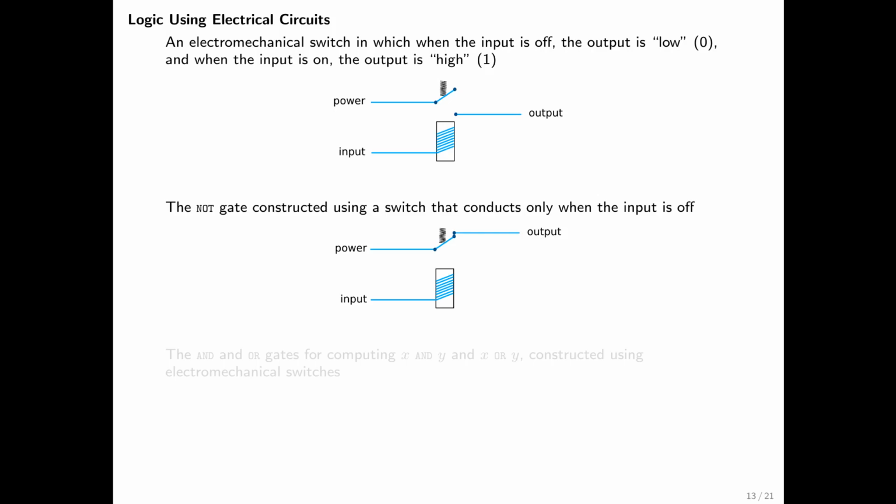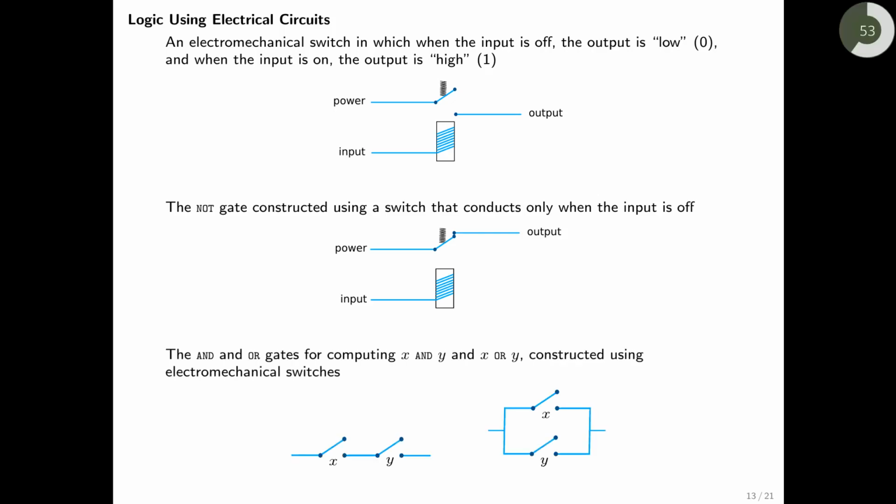So we have managed to build something that computes the NOT function. What about the AND and the OR functions? Well, we can combine two electromechanical switches in this fashion to get the truth table for an AND function. Why is that? Well, there is some input here, and then there is some power that is applied here.